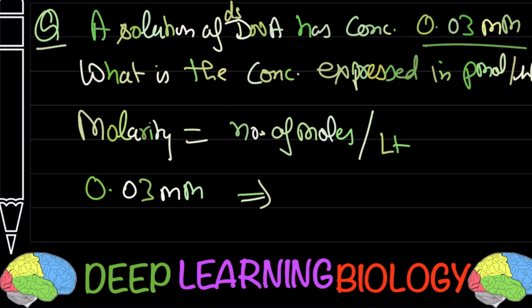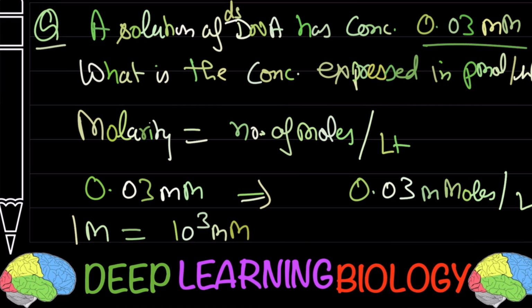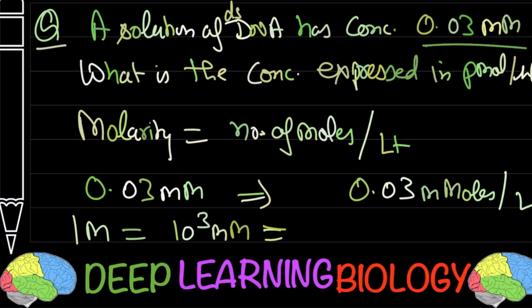That means you have dissolved 0.03 millimoles per liter. If you have 1 molar, it is going to have 10 to power 3 millimole. And if you want to convert 1 mole into picomole, it is going to be 10 to power 12 picomoles.